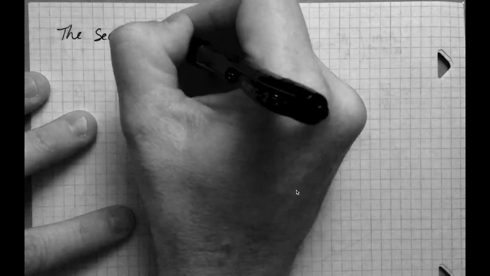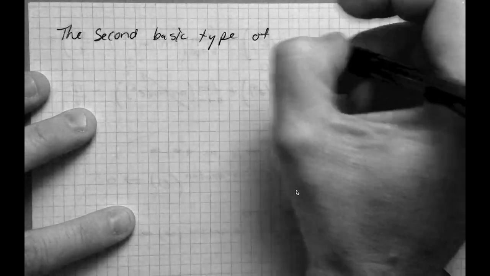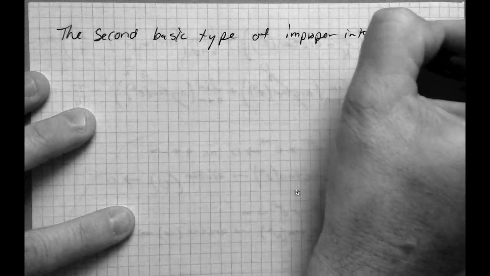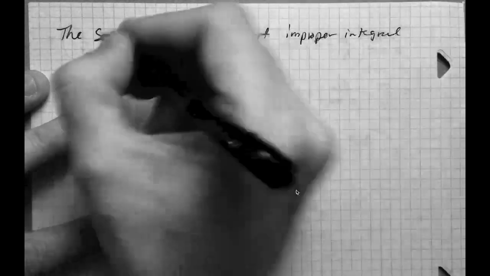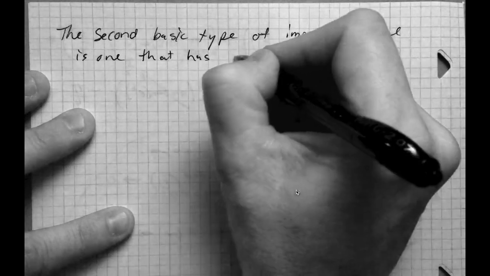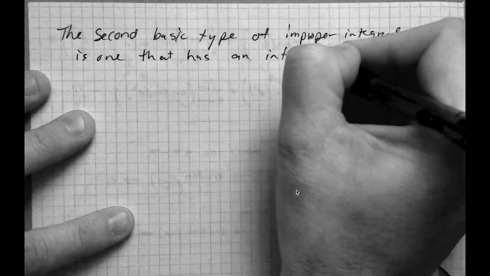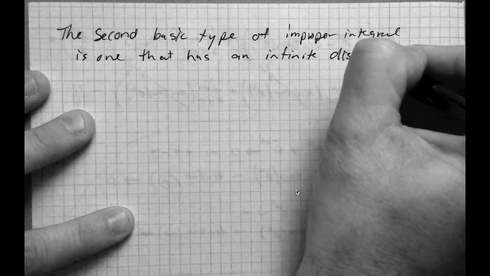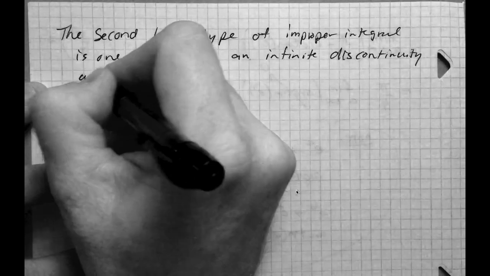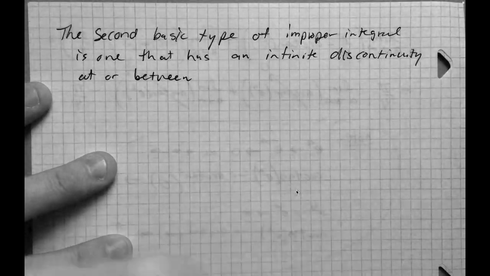The second basic type of improper integral is one that has an infinite discontinuity at or between the limits of integration.